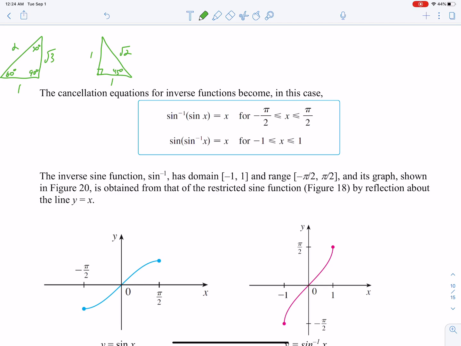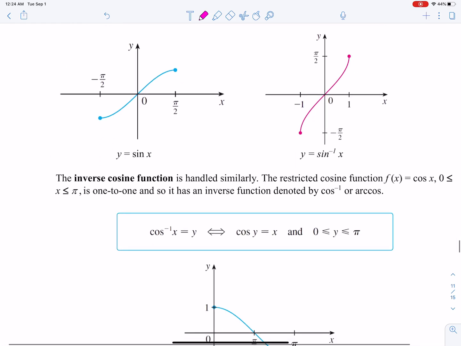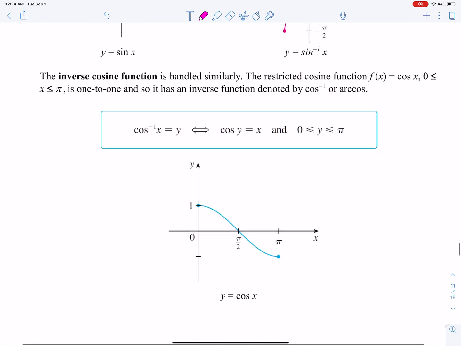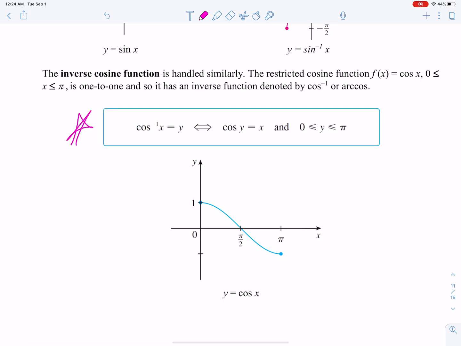So we talked about the range for inverse sine. There it is. I'm just going to skip down a little bit. This one's important too. The range of cosine is from 0 to pi. In other words, the range of inverse cosine is quadrant 1 and quadrant 2.